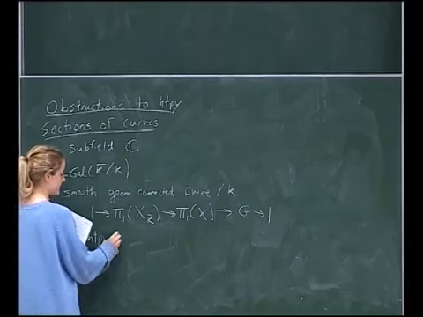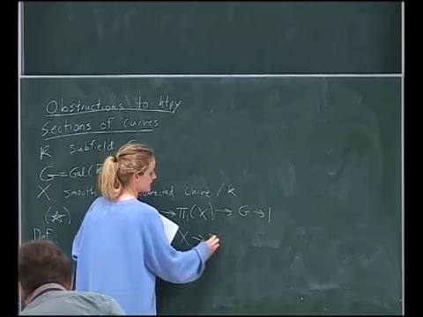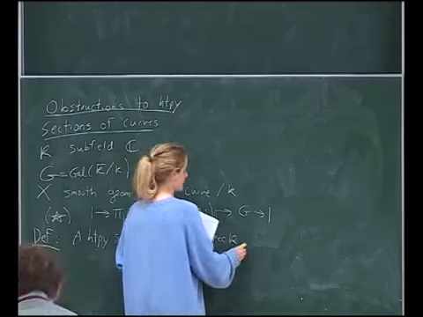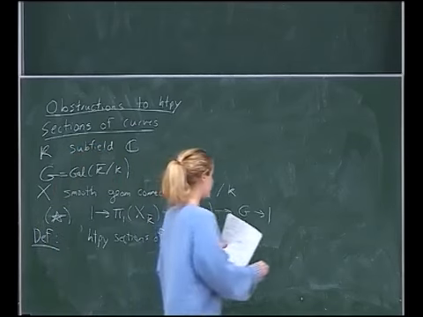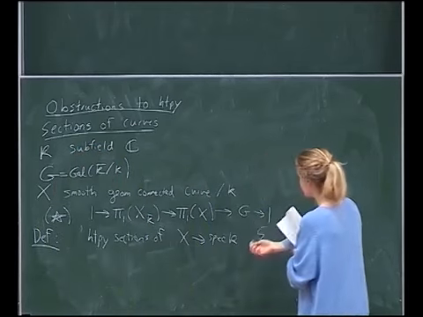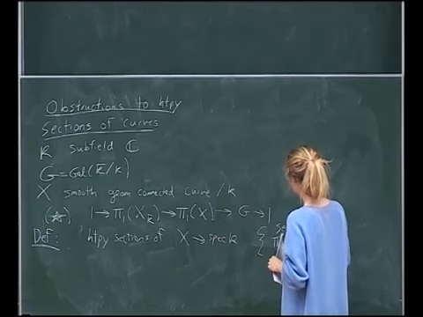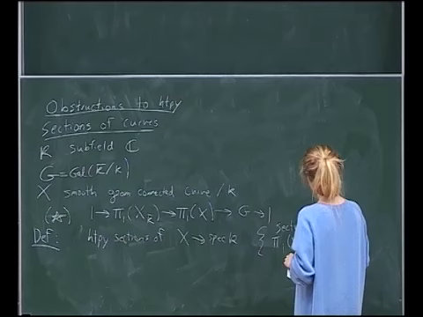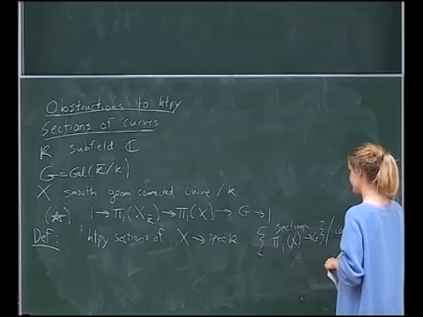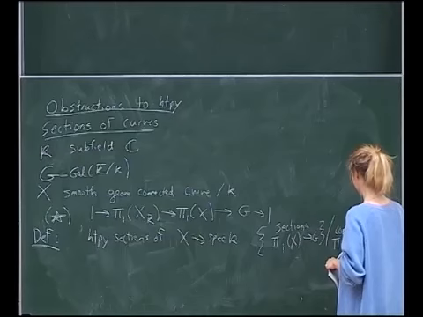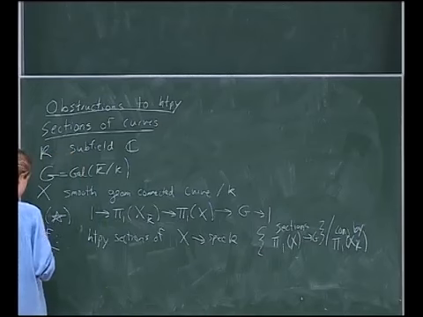And so what we mean by a homotopy section is a section of the map on étale pi 1. So the homotopy sections of the structure map X to Spec K are the sections of pi 1 X to G, up to conjugation by pi 1 of X K bar.